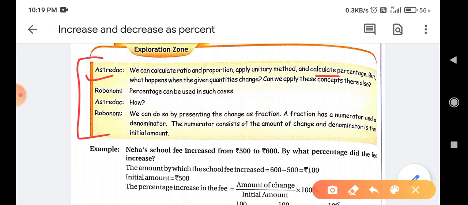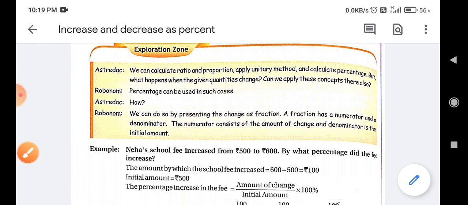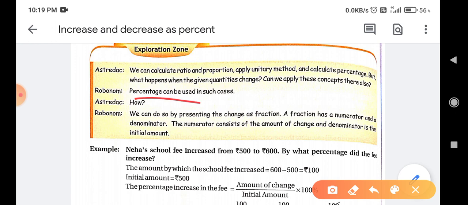But what happens when the given quantity changes? He is asking, can we apply these concepts, that is ratio, proportion, unitary method and percentage, in the situation where the quantities change?